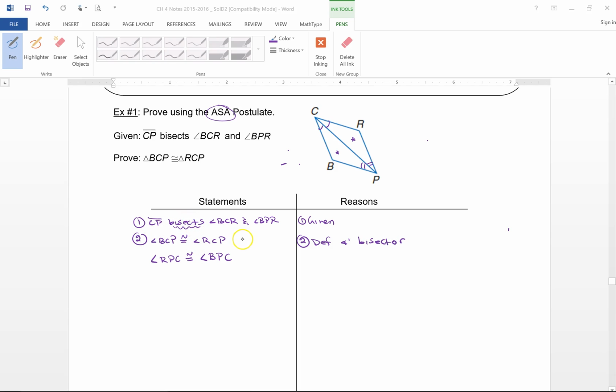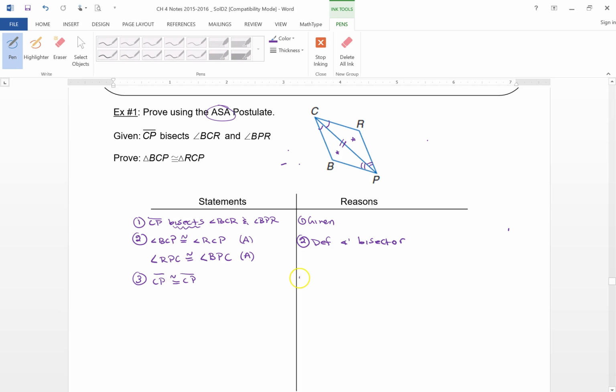So what I have now is I've shown that there is an angle that's congruent. I've shown there is another angle that's congruent. So that's A and A. What I need now is a side. So if I need ASA, these two angles are congruent. Now I need the connecting side, which is this one. Already we know that since it's being shared, it's congruent. So I say CP is congruent to CP segment.